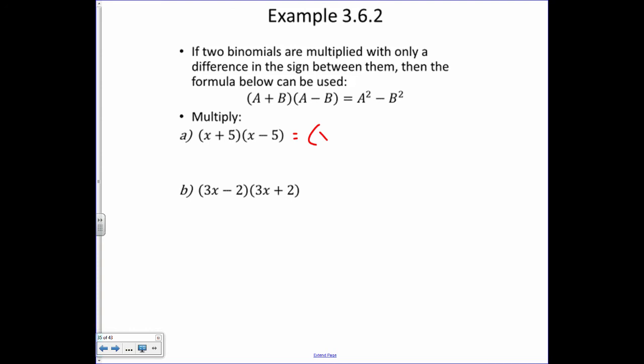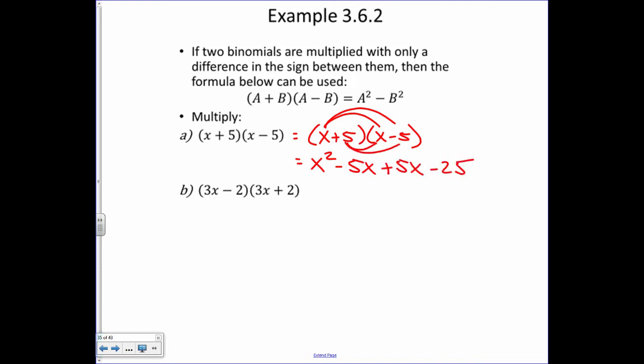So we've got x plus 5 times x minus 5. X times x is x squared, minus 5x plus 5x minus 25. Well, negative 5x plus 5x, those add to 0.